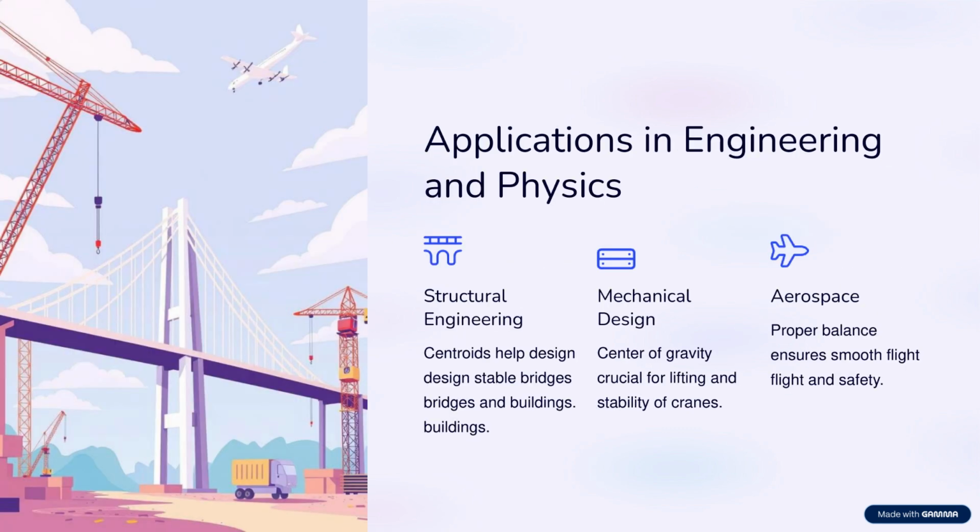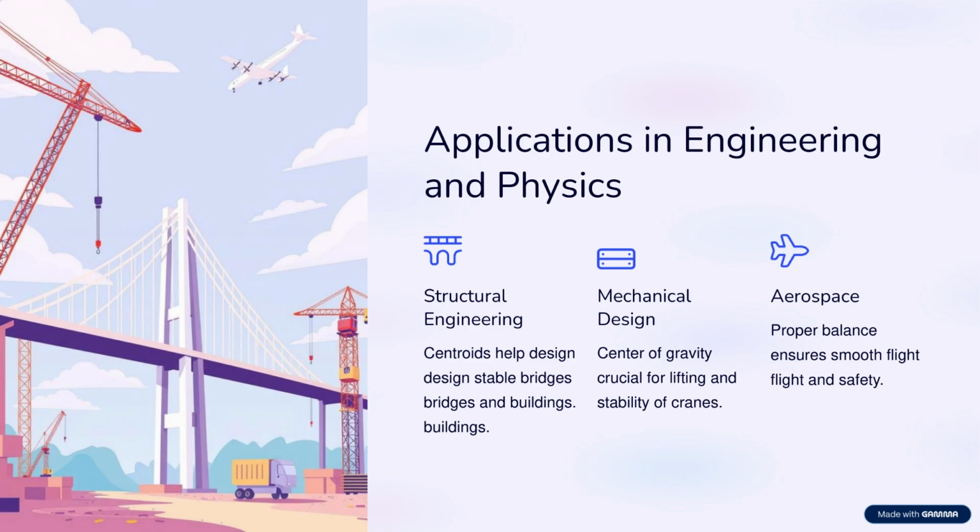Now we will see our next point: applications in engineering and physics. As you can see here, there are 3 points: structural engineering, mechanical design, and aerospace. In structural engineering, the centroid helps design stable bridges and buildings. Of course, in structural or civil engineering, it provides stability to bridges and buildings.